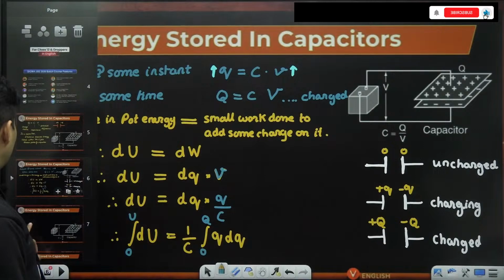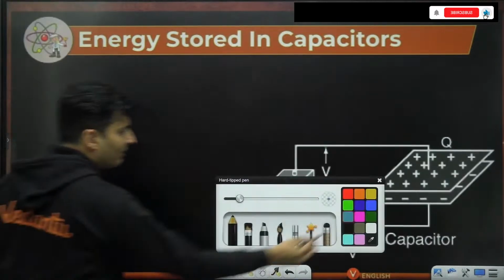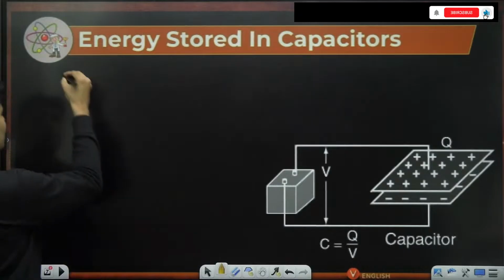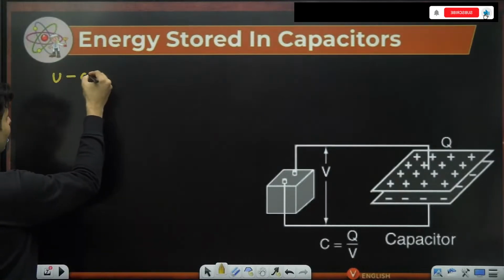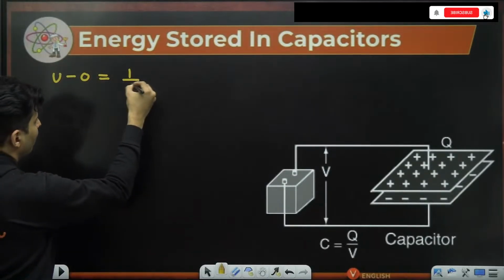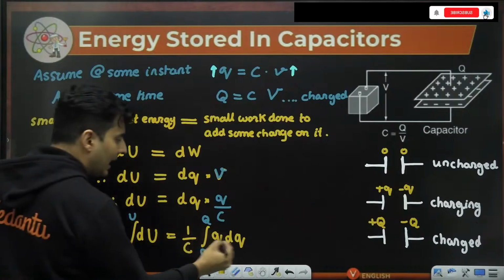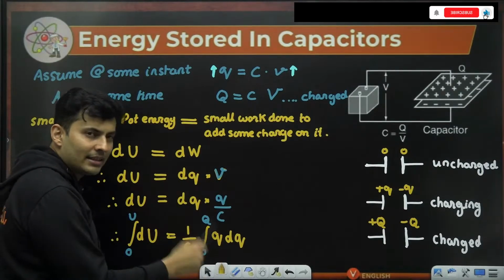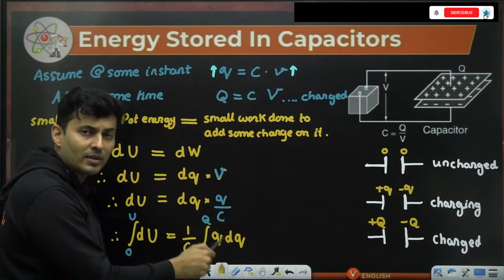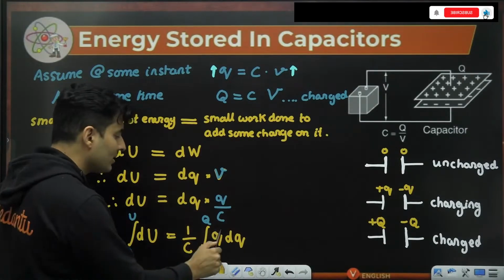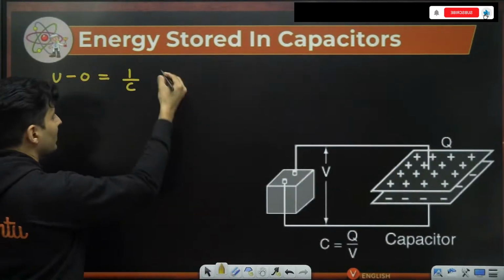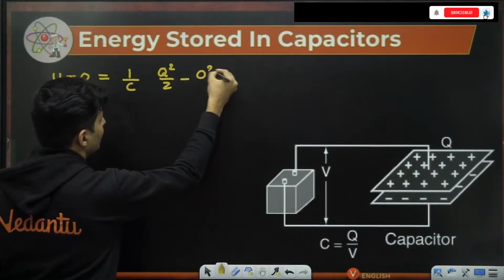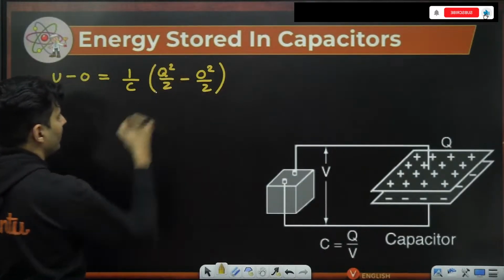So what happens when you do the integration? Let's have a look at it carefully. On the left hand side, it will be U only. So upper limit minus lower limit, 1 by C as it is. Integration of x dx, x raised to 1, will be x raised to 1 plus 1 by 1 plus 1, which is x square by 2. So this will be q square by 2. So that means I should put capital Q square by 2 minus 0 square by 2 over here.